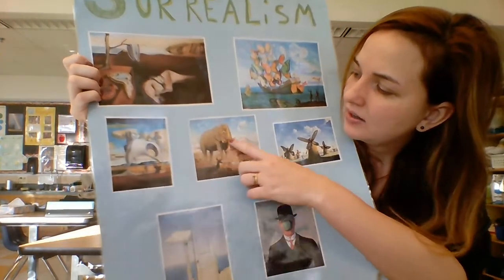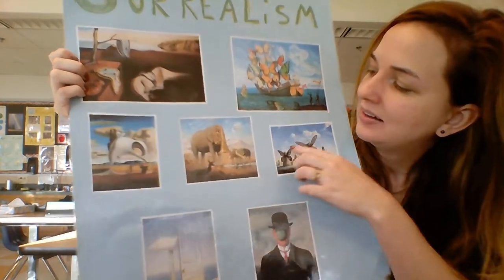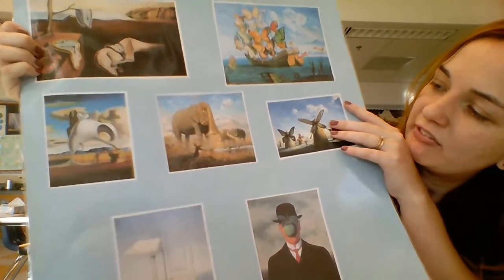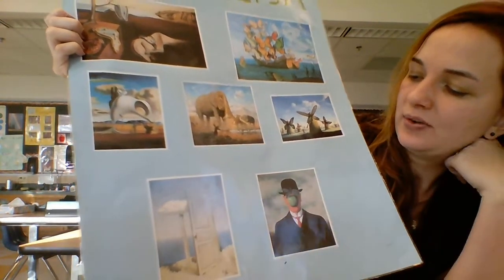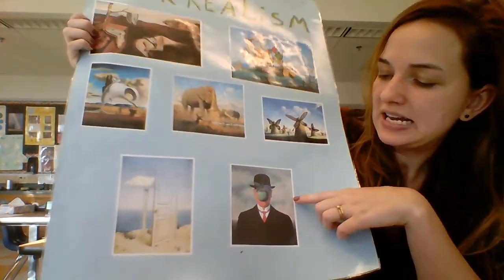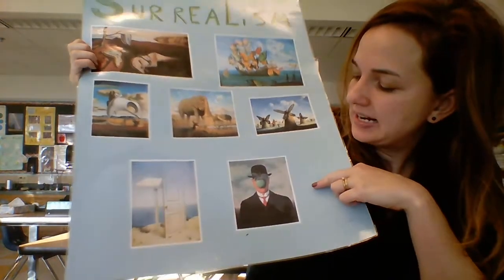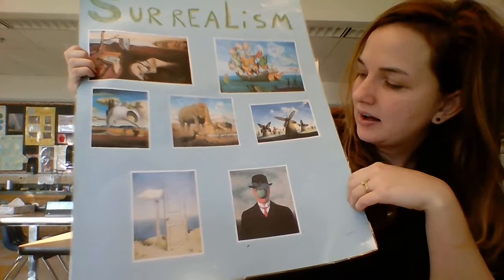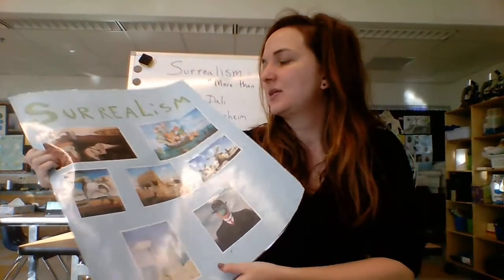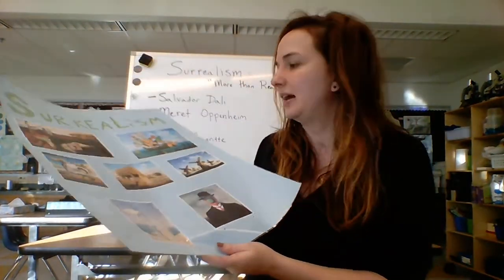There's this awesome elephant with the instrument for a head. There's the door just in the middle of the beach. This one is Magritte, all right? Rene Magritte, and he's got the person who, instead of having a face, has an apple right there, which is pretty cool. So you're getting the idea. It's that dreamlike kind of look.